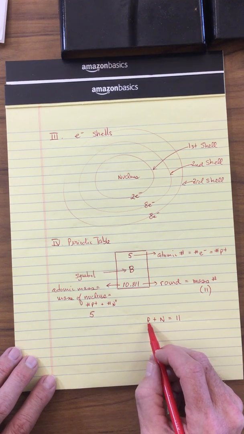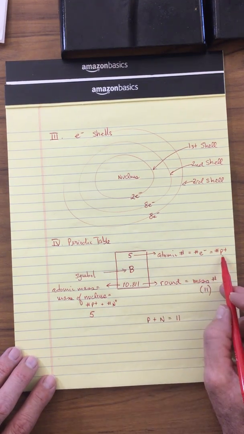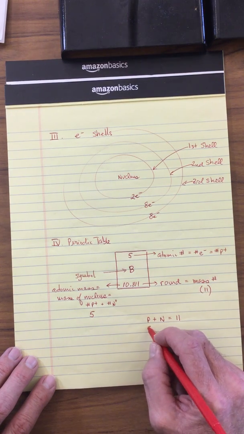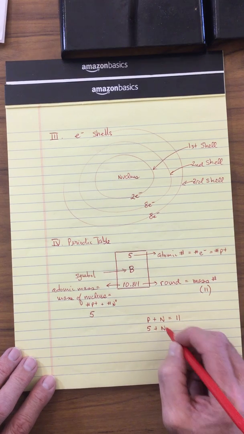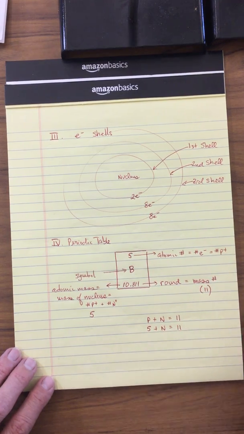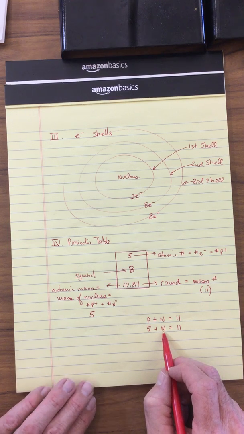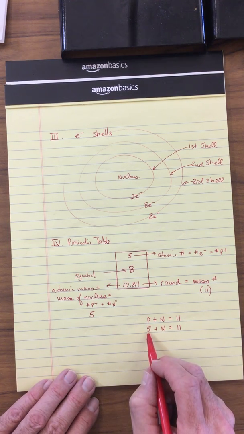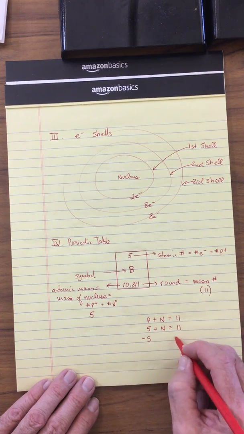Boron is element number 5, atomic number 5. It has 5 protons, so I have 5, this is a little bit of algebra here, plus the neutrons equals 11. How do I solve for the number of neutrons here? Mathematically, I have to get rid of this number right here, and I would subtract by 5.